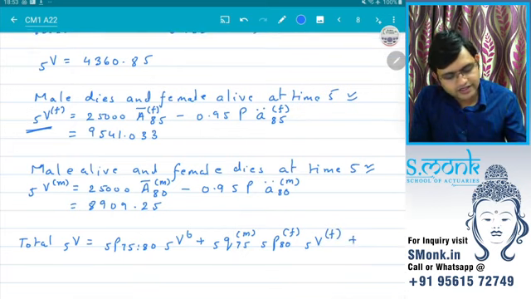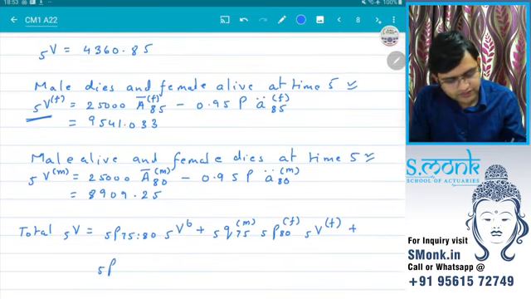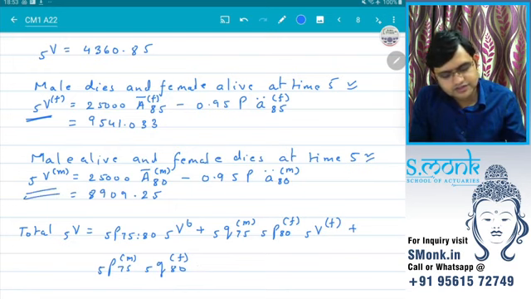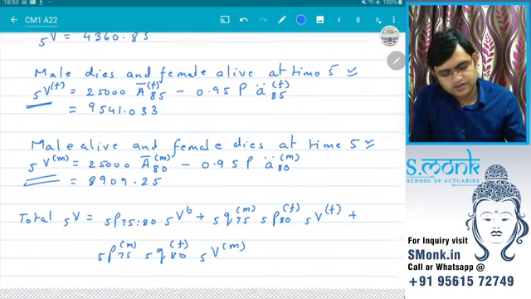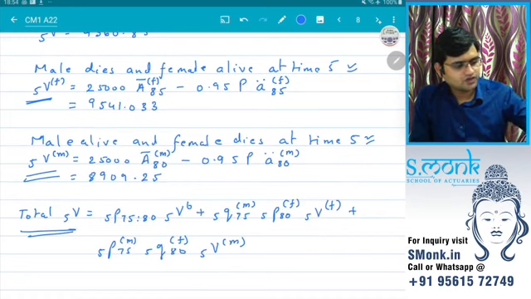Or the third thing that can happen is male is alive and female died, right? 5P 75 male and 5Q 80 female. And if that happens, this is the reserve that we will keep, 5V.